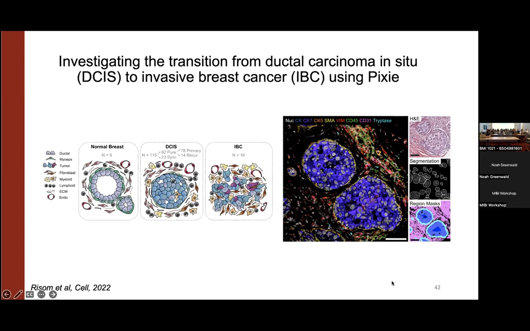But that layer is pretty difficult to analyze in our images because it's such a small histological region, and the cells become so thin and stretched out that traditional cell segmentation methodologies aren't able to capture those cells well. So we wanted to be able to quantify the features in this small myoepithelial layer.